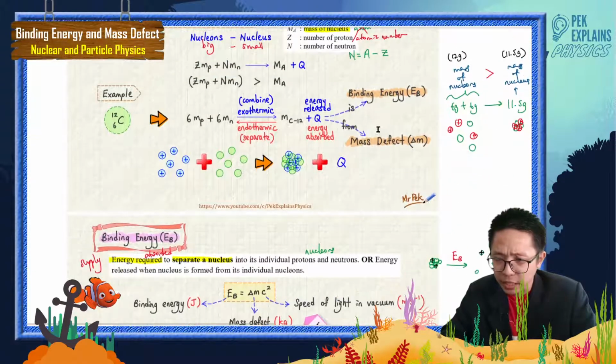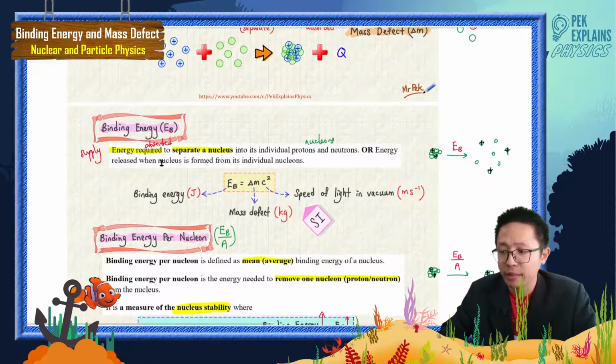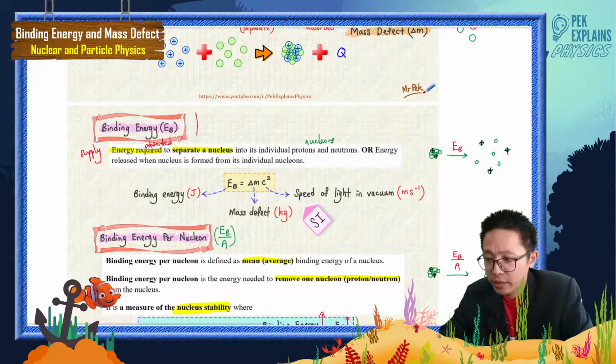So if the binding energy is high, that means you need to supply more energy, more energy required to be absorbed.